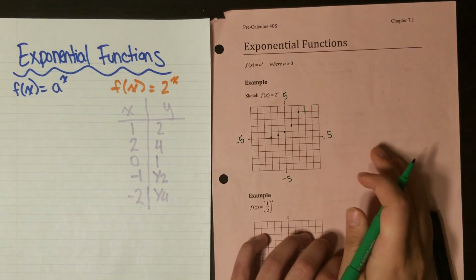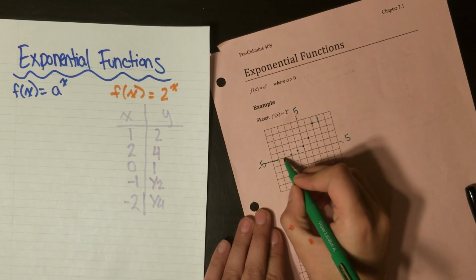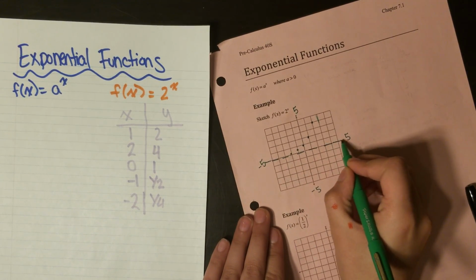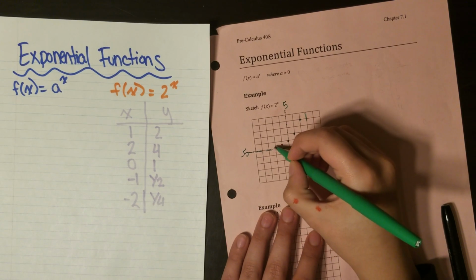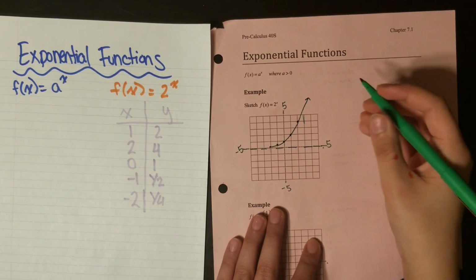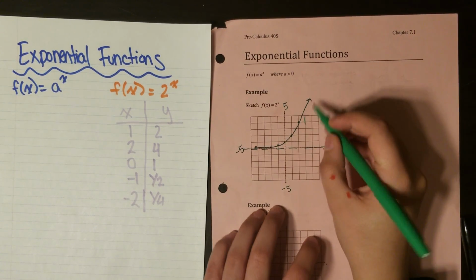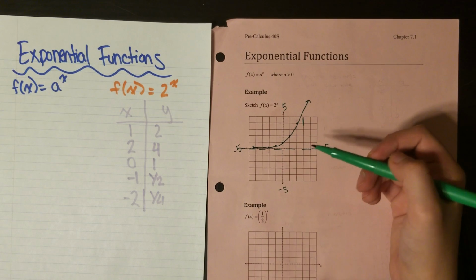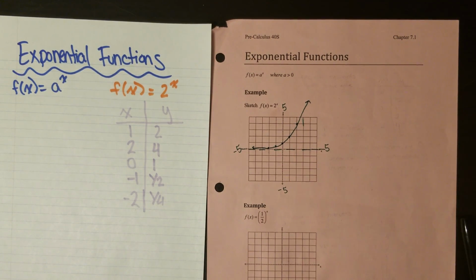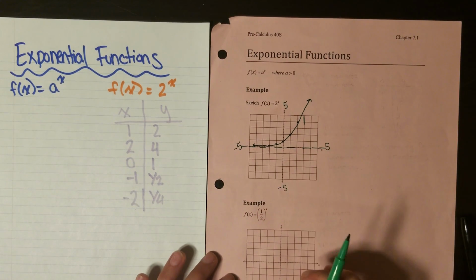Okay, so if I have an asymptote, I have to indicate that, and I'm going to indicate that with a dotted line. And then I'm just going to connect these dots. So my function is going to approach the x-axis, but it's never going to cross the x-axis.